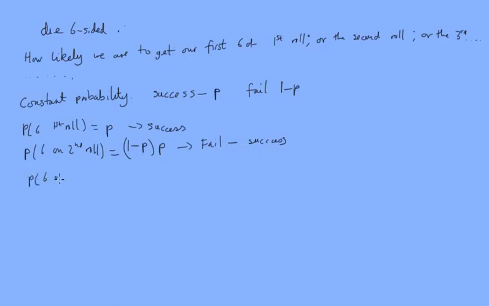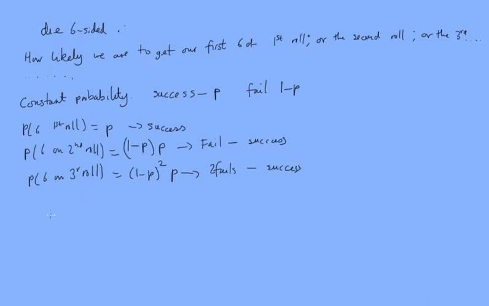The probability of a 6 on the third roll is 1 minus P squared, times P, which is 2 fails, then a success.